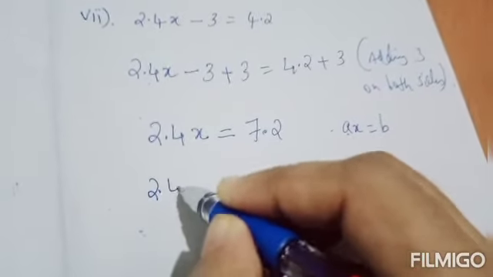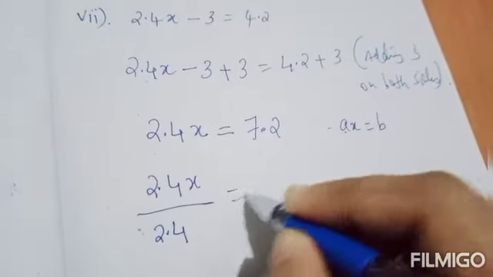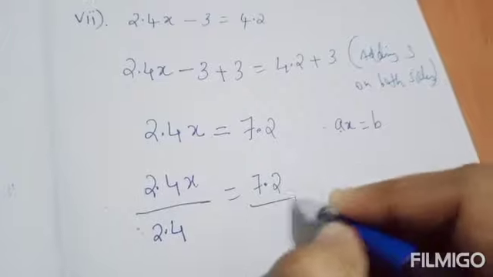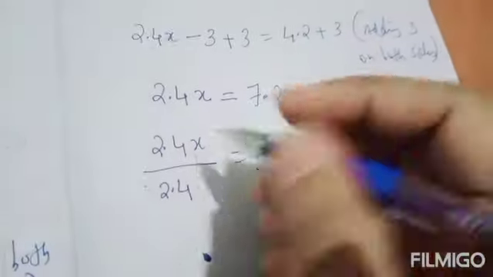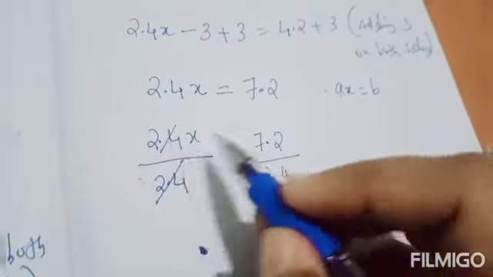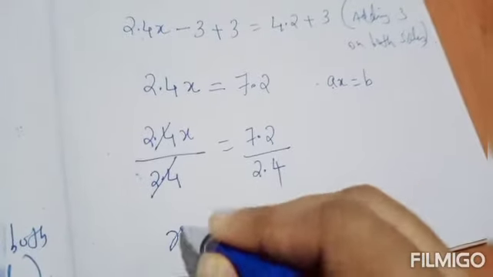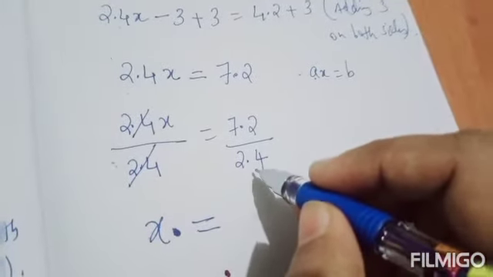So 2.4x by 2.4 equal to 7.2 by 2.4. Now 2.4 divided by 2.4 is 1. So 1x, that means x equal to 7.2 by 2.4.